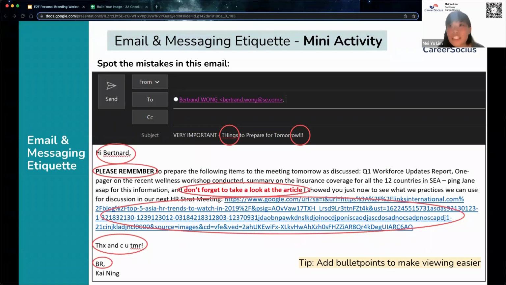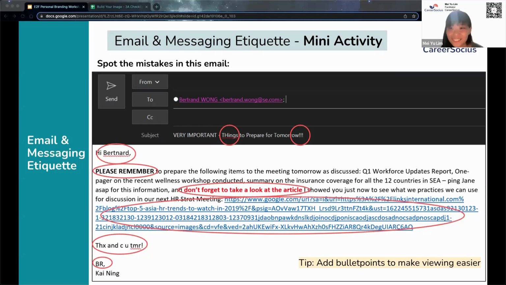Just because you work at 8 a.m. doesn't mean other people do. Make sure you also take note of time zone differences or the working hours of the person you're reaching out to, so that you don't disrupt their personal life. That's also one thing to take note of apart from this mini activity.